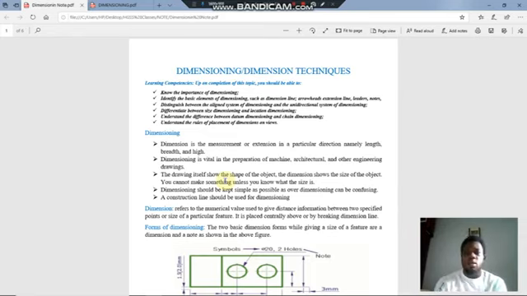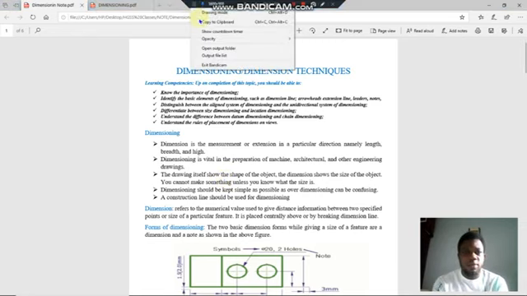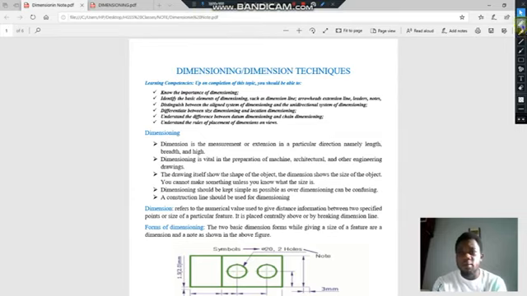Now, supposing we have point A, and we have point B. Point A and point B. Now the distance between point A and point B, what is this distance?